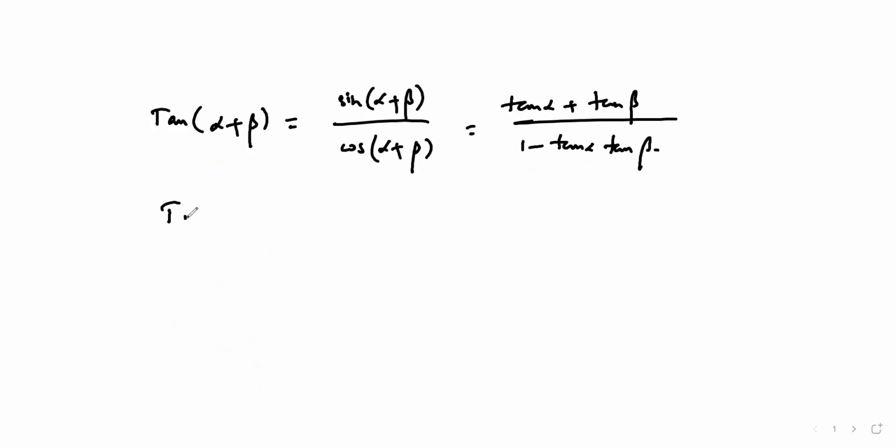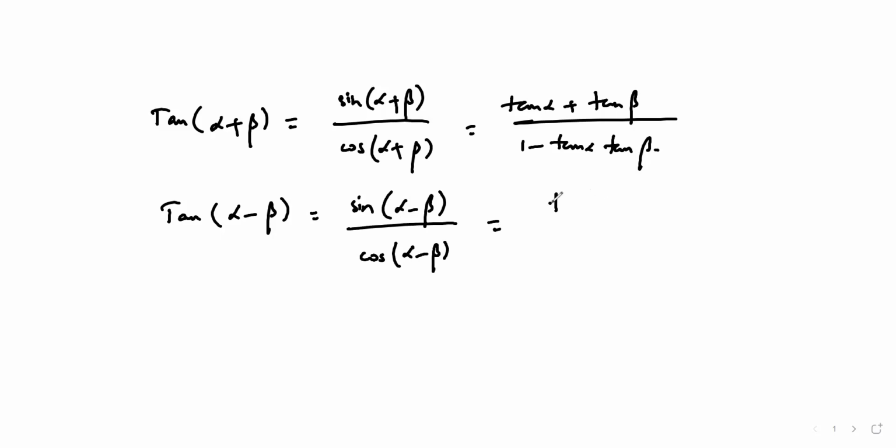Similarly, tan of alpha minus beta is sine of alpha minus beta by cos of alpha minus beta, that is nothing but tan alpha minus tan beta by 1 plus tan alpha tan beta.